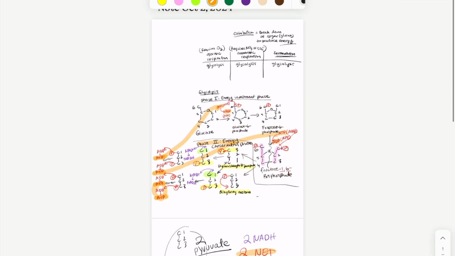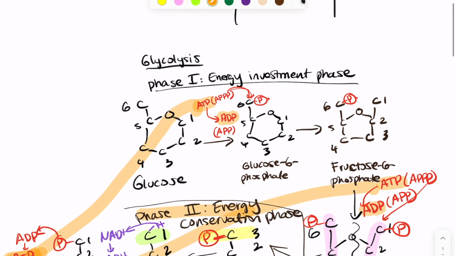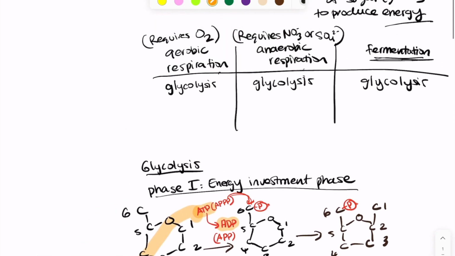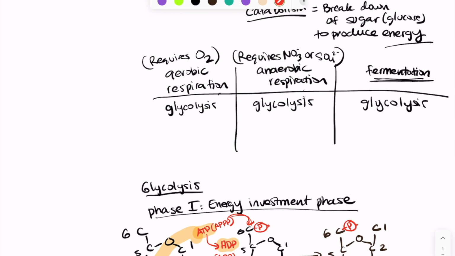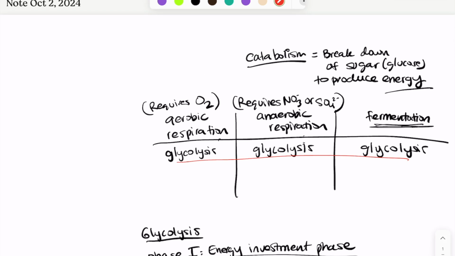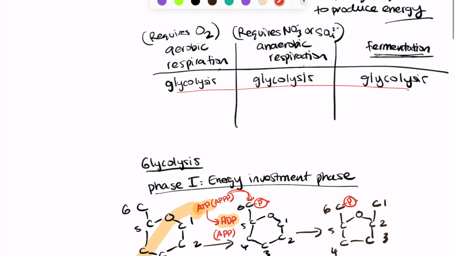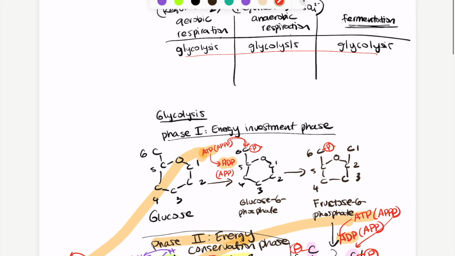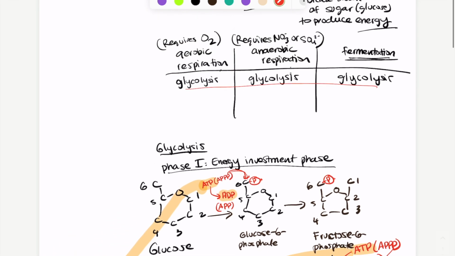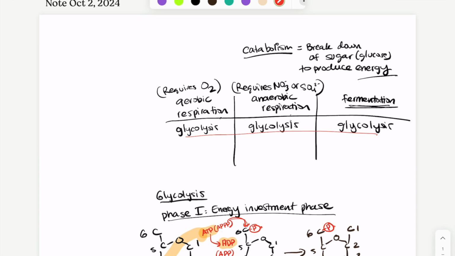So if we go back up here, this process of glycolysis, both phase 1 and phase 2, is involved in all 3 of these catabolisms. Okay, so make sure then after this, it's going to be the Krebs cycle or the citric acid cycle in aerobic respiration, and then after that, it's going to be the electron transport chain, which we went through for aerobic respiration.